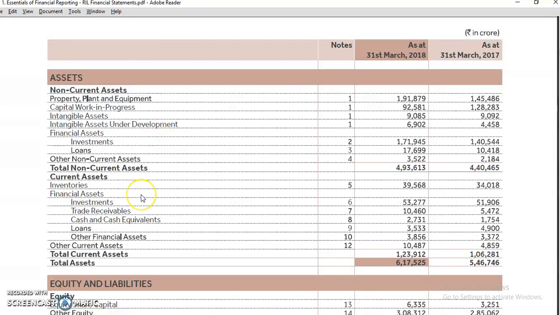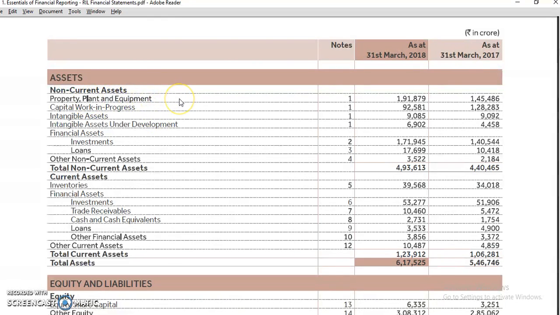Current assets means they are going to be realized or used up within 12 months of the end of the balance sheet, meaning they should be used by 31st of March 2019. These are the details of the notes. So let's look at the grand headings first.